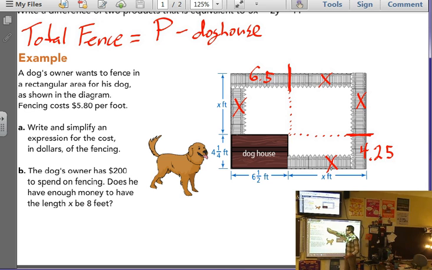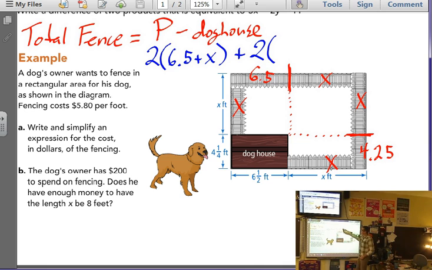So my perimeter, I could do 2 times 6.5 plus x, plus 2 times 4.25 plus x. But then I have over counted. I've got too much involved there.